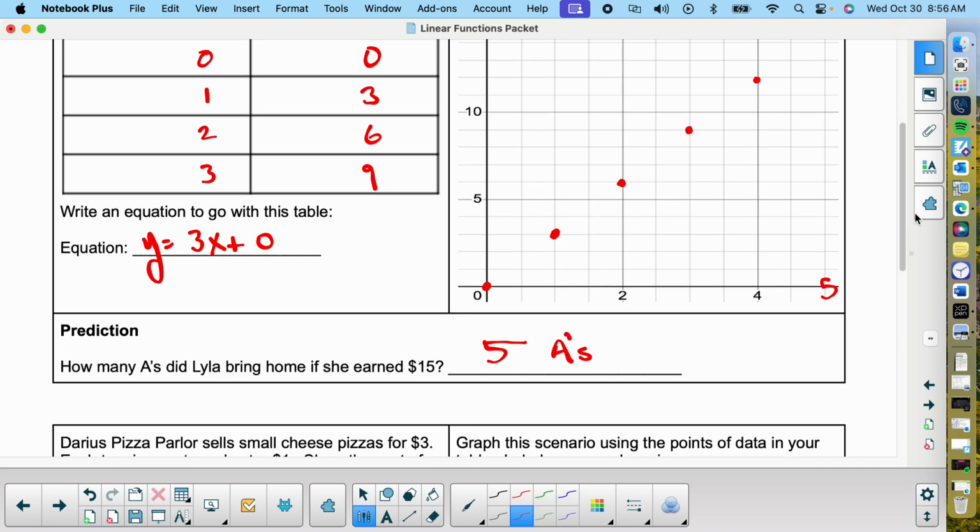Do you want me to help you start the next one? Or do you feel like you kind of understand how these are set up? Or do you want me to help you start it? No? Okay, I was mainly looking for anybody who said, yes, help me start. All right.